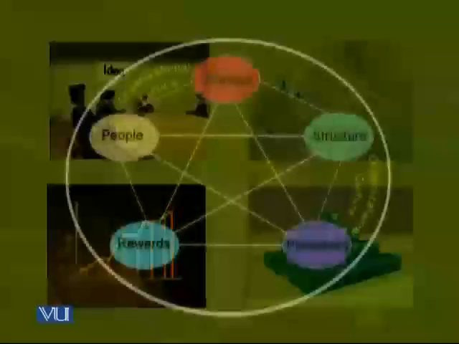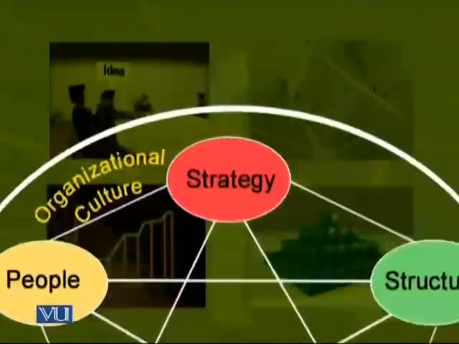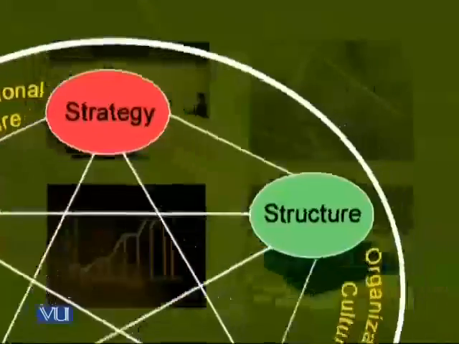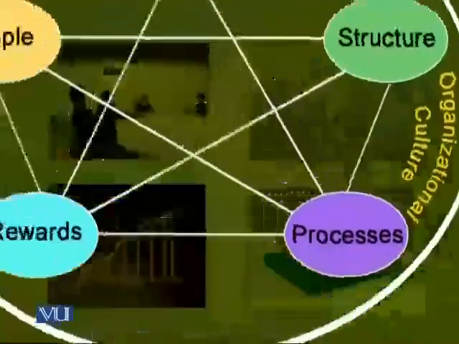So each organization, working in its specific culture, value system and norms, has its specific strategies. Within their specific structure, they follow specific processes, and they do have the people.